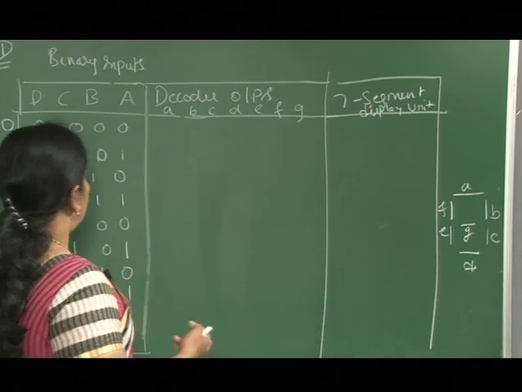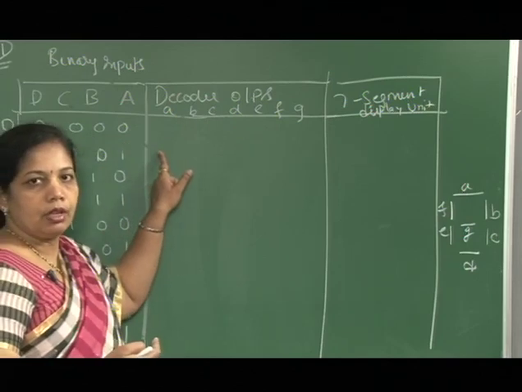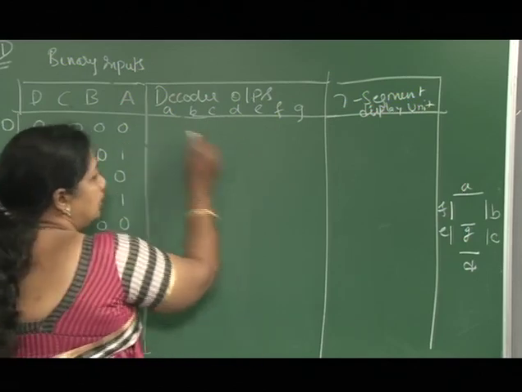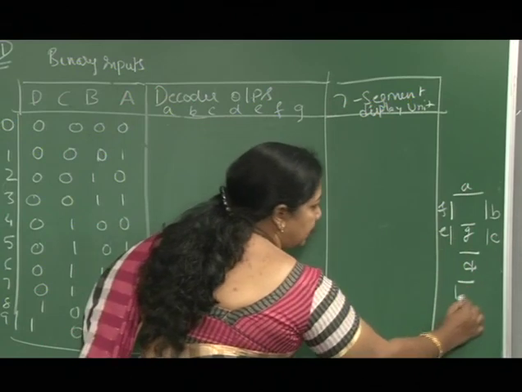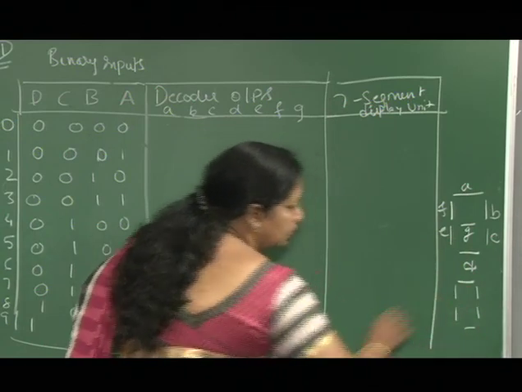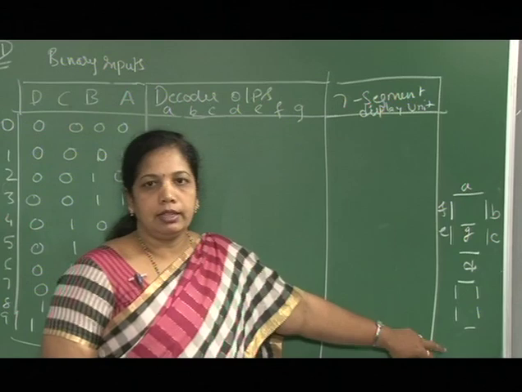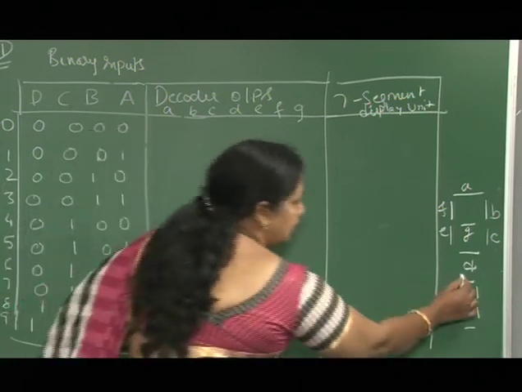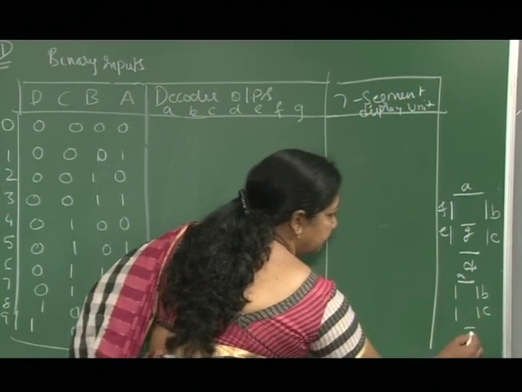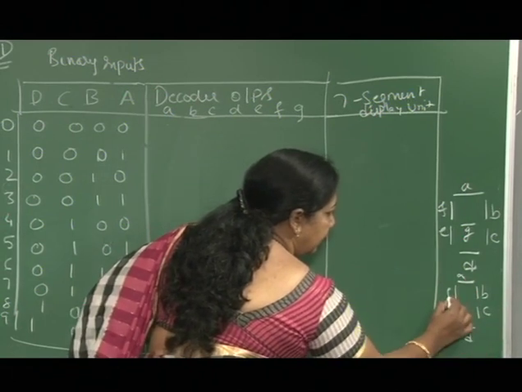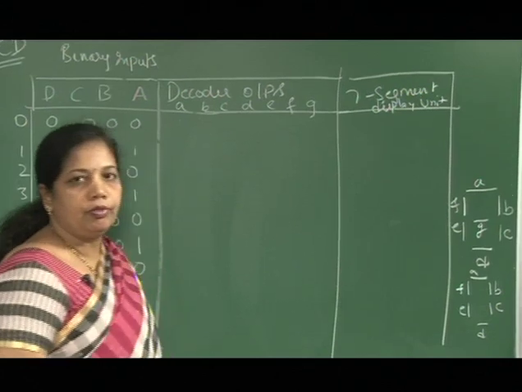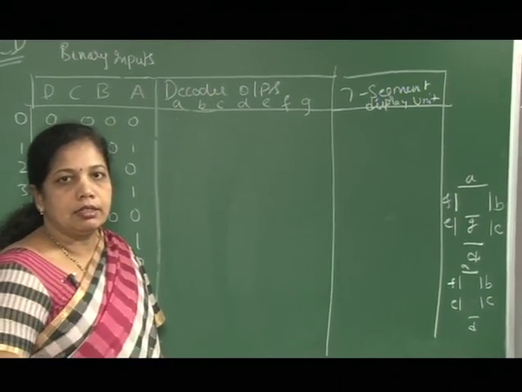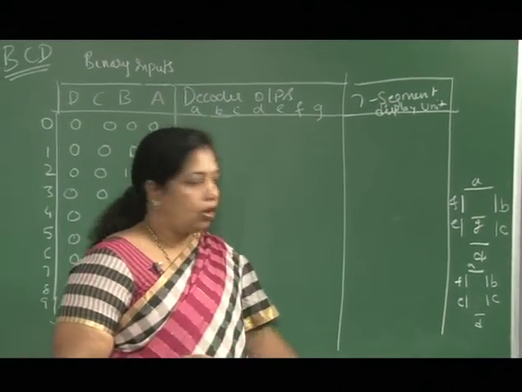So the first input is 0. Suppose I want to display 0. 0 is displayed like this on the 7 segment. You can just see the segments A, B, C, D, E and F are on, where G is not on.